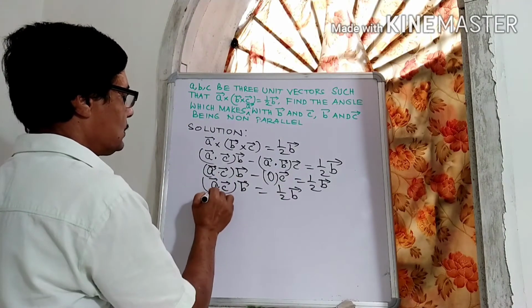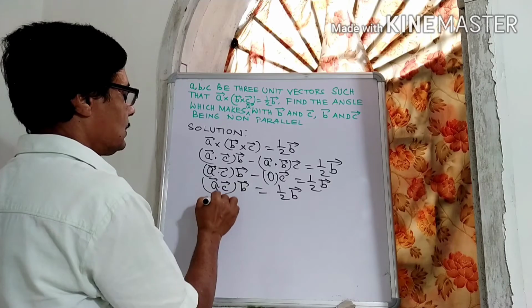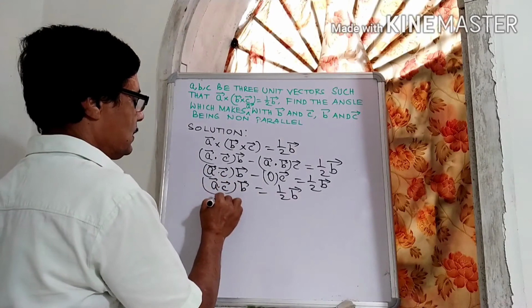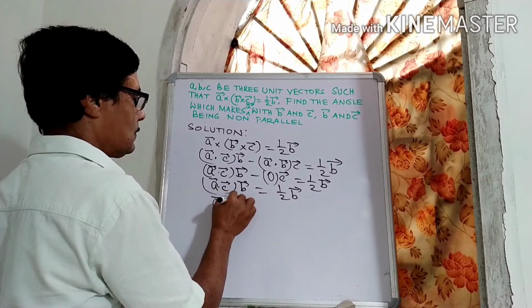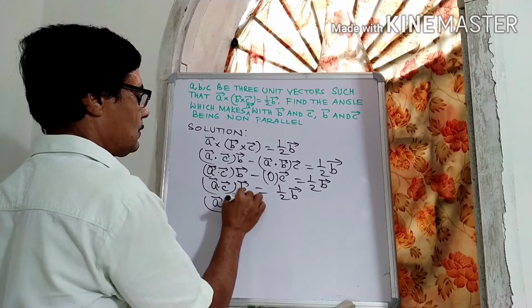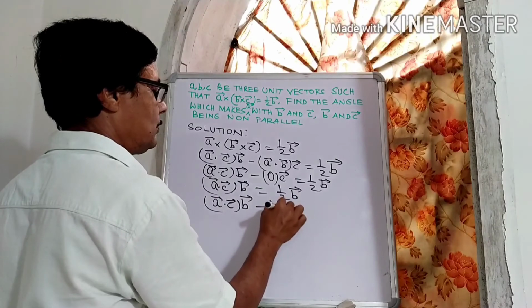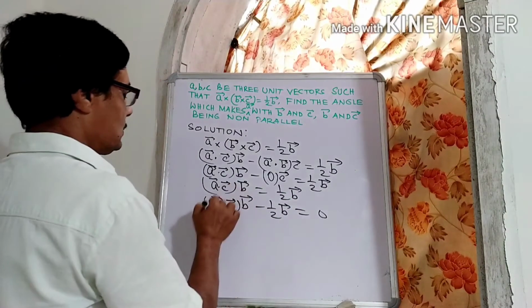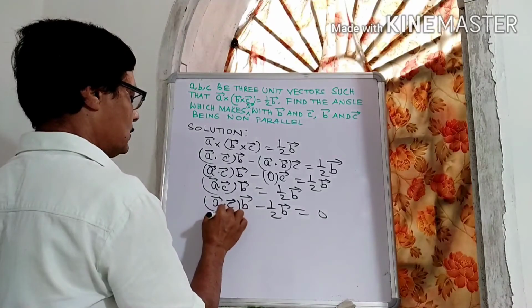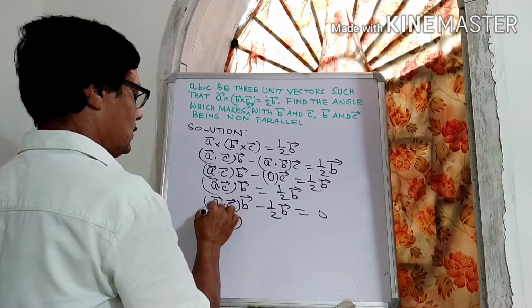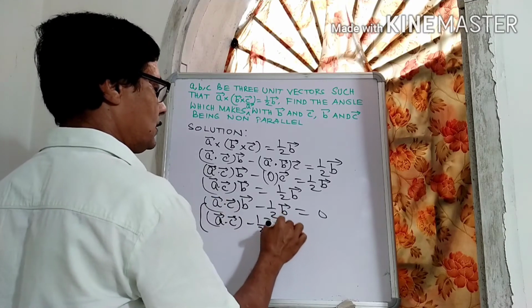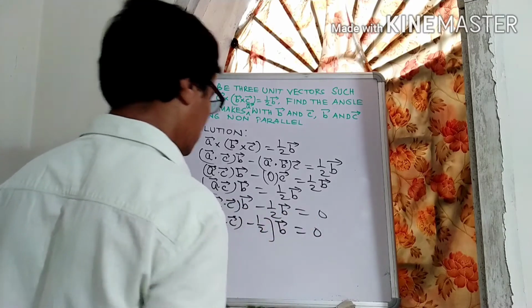So we can also write (A dot C minus half) B vector equals 0.